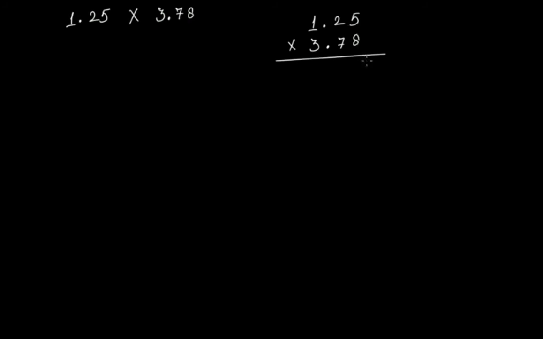8 times 4 is 32, so this is 0 here, 4 gets carried over here... 8 times 2 is 16 plus 4 is 20, 2 gets carried over here, 8 times 1 is 8 plus 2, so this is 10. 0 goes here. 7 times 5 is 35, 3 gets carried over, 7 times 2 is 14 and 17, 1 carried over here, 7 times 1 is 7 and then 8. 3 times 5 is 15, 3 times 2 is 6 plus 1 is 7, and 3 times 1 is 3.